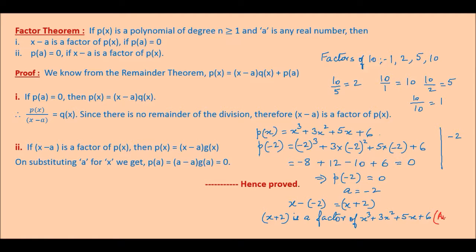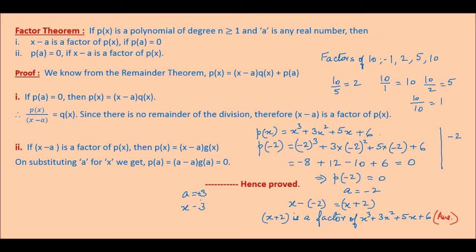This is the answer. So whenever you are required to find a factor, whatever is the value of a, in this case a is equal to minus 2. In question number 1 we had a equal to plus 1. Whatever be the value of a, if a is equal to plus 3, then if the variable present in the polynomial be x, then x minus 3 will be a factor of the polynomial.